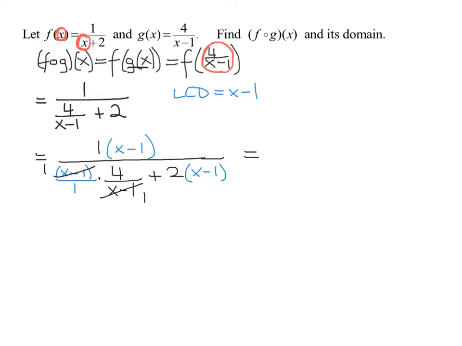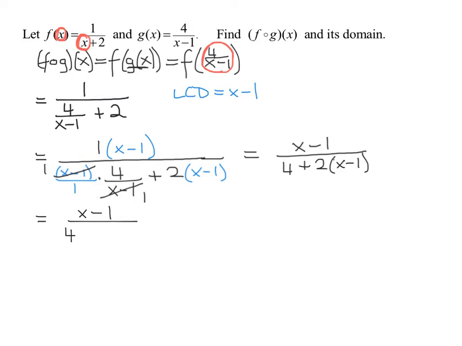And the reason we multiply by the LCD like this is so that this denominator reduces with this. And so in my numerator, I'll end up with 1 times x minus 1, which is just x minus 1, all divided by this first term here. I'm going to get 1 times 4 is 4, over 1 times 1 is 1, 4 over 1 is 4, plus 2 times x minus 1. Now please don't be tempted to reduce this x minus 1 with this x minus 1. You can't do it because of this addition here. So all we have to do is simplify the denominator.